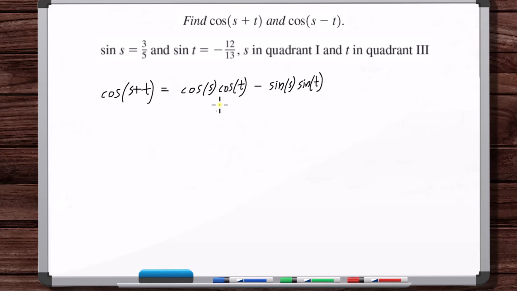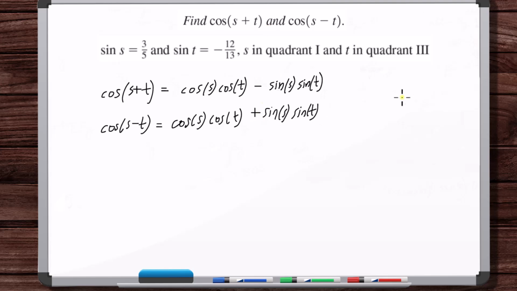And cosine of s minus t is cosine s, cosine t, plus sine of s, sine of t. We have sine of s and sine of t; we just need cosine of s and cosine of t.